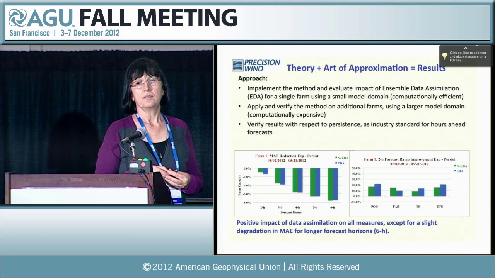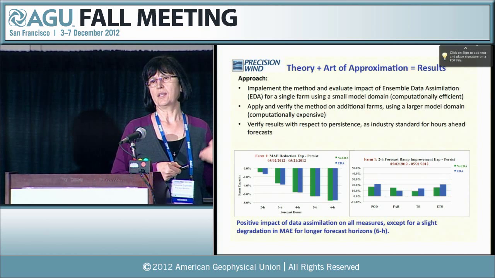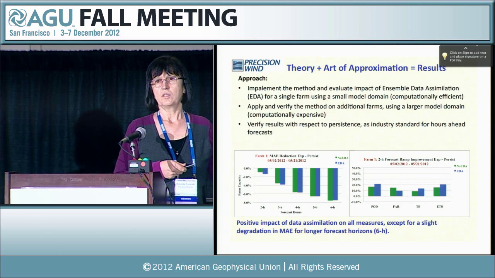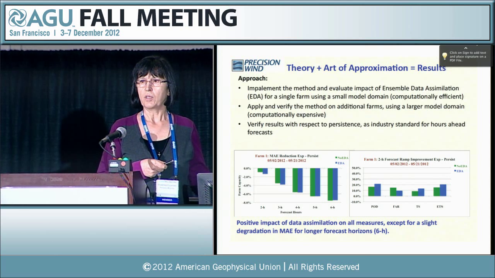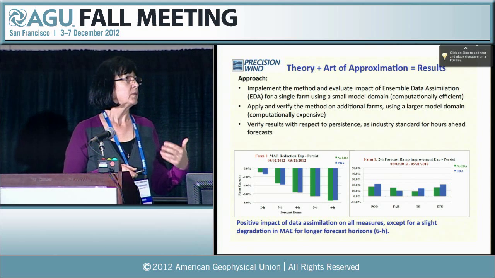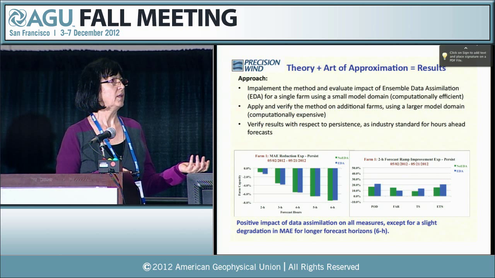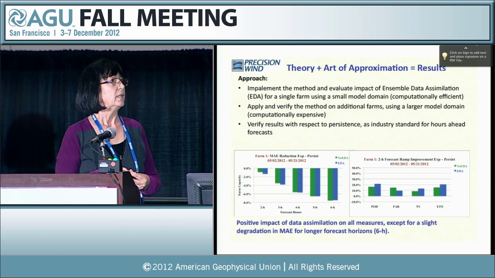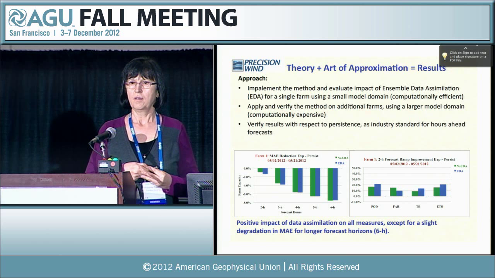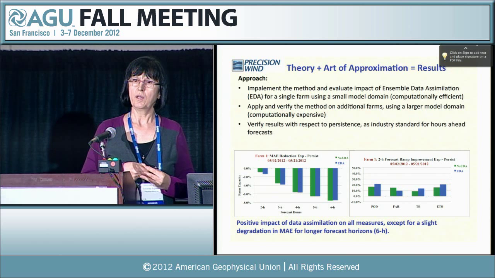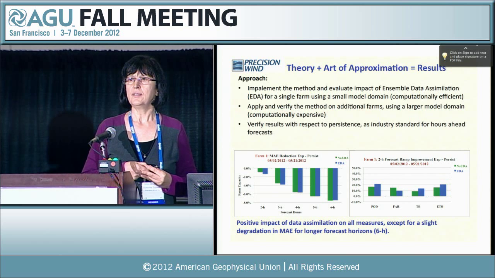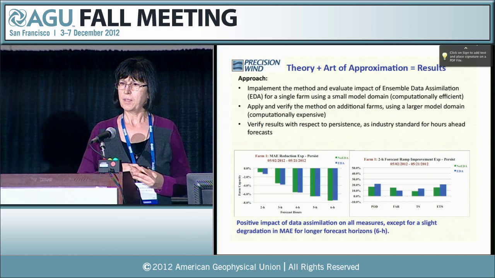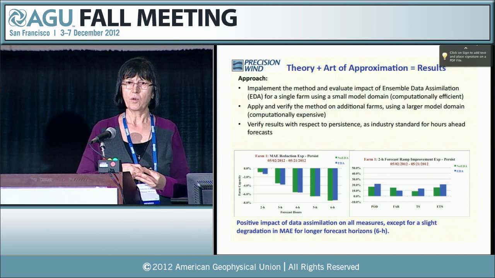And once we see that these results are positive, then we examine what's happening when we increase the model domain. In this particular case, we are looking into the differences. When we look at the score values, we always create differences between the experiment and persistence score.